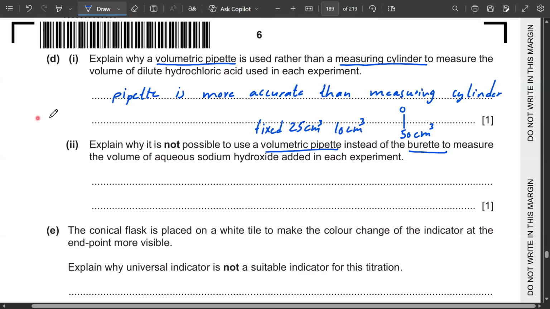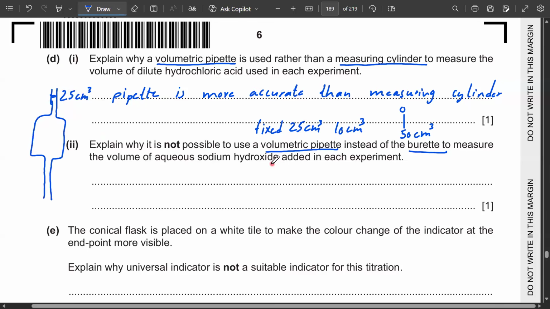There is always an edge line on the pipette. The edge line lies over here. This edge line always gives the volume according to the apparatus size, that may be 25 cm cube or 10 cm cube.